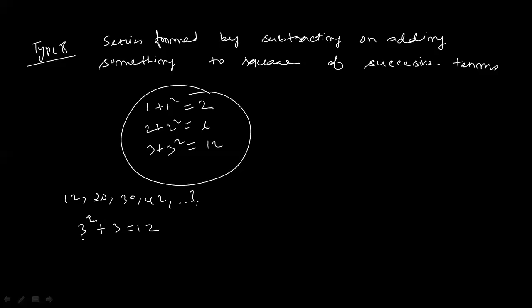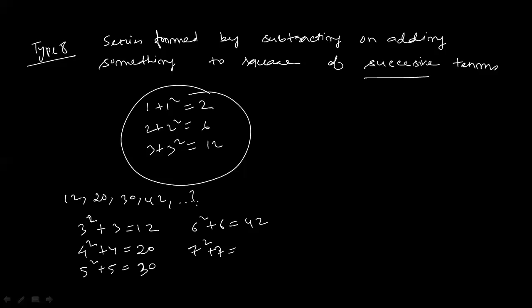In the same way, successive means consecutive terms, so next will be 4 square plus 4, that means 16 plus 4, it will be 20. In the same way 5 square plus 5, 25 plus 5, it will be 30. In the same way 6 square plus 6, 36 plus 6, it will be 42. So the next will be 7 square plus 7, that means 49 plus 7, which is 56.